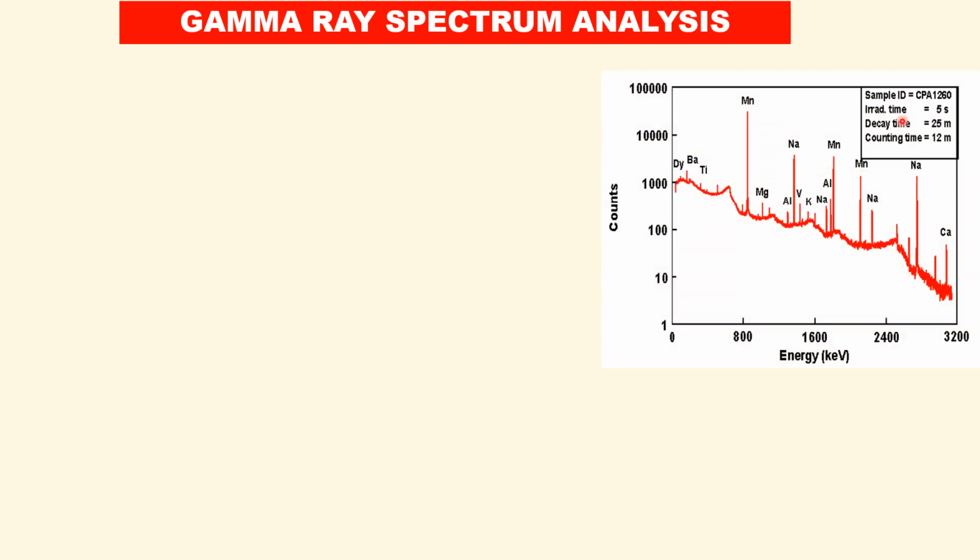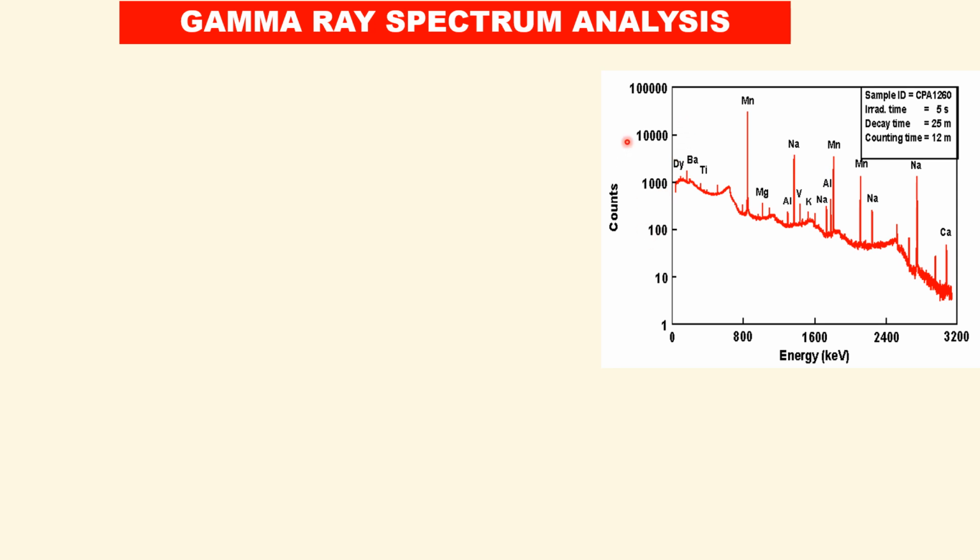Let us now see gamma ray spectrum analysis. This is the gamma ray spectrum of a sample, which consists of several elements, as you see. It consists of manganese and sodium and a little amount of magnesium.